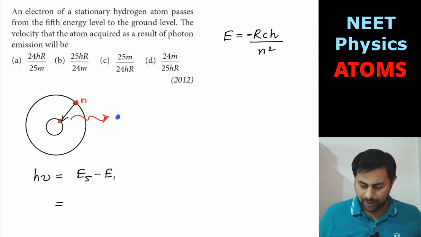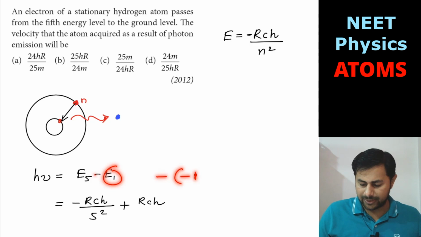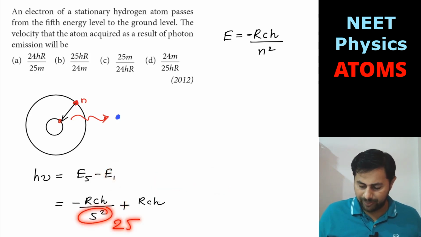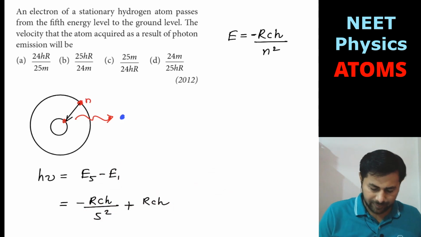So for fifth orbit it will be minus RCH divided by 5 square, and E1 is just minus RCH. This minus minus becomes plus. This is divided by 25 RCH.